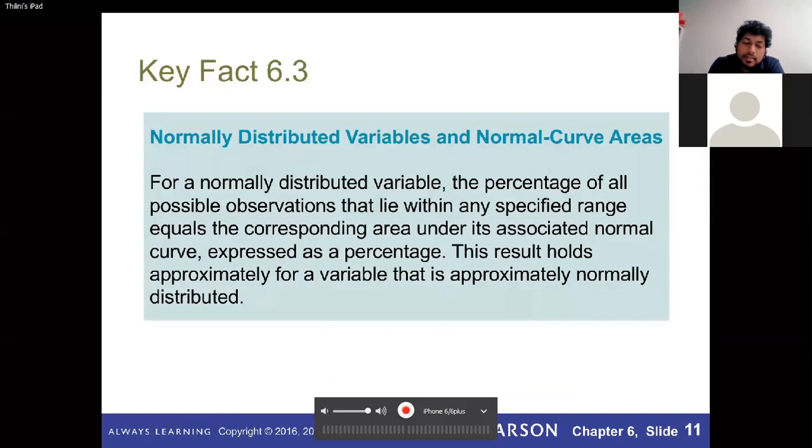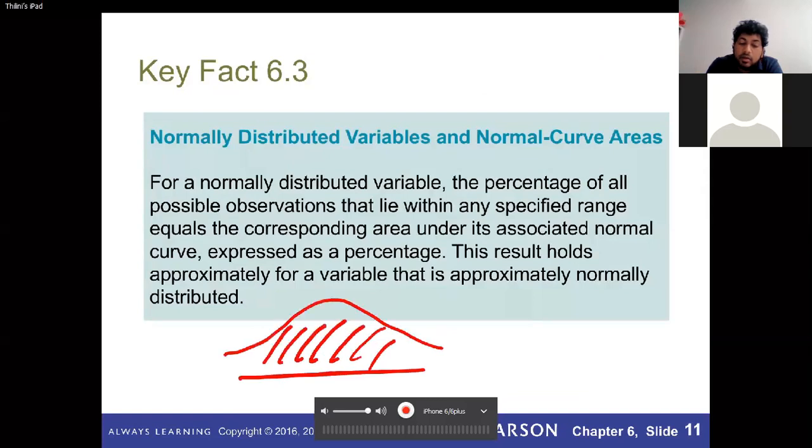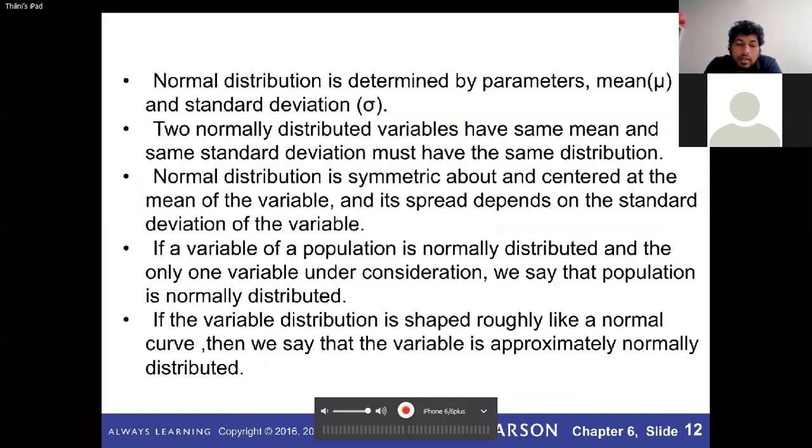Same idea here: the percentage we calculate is the area under this curve. When we are dealing with a normally distributed variable, there are two parameters you need to know: mean and standard deviation. You know what mean and standard deviation are because you have done those in previous chapters.